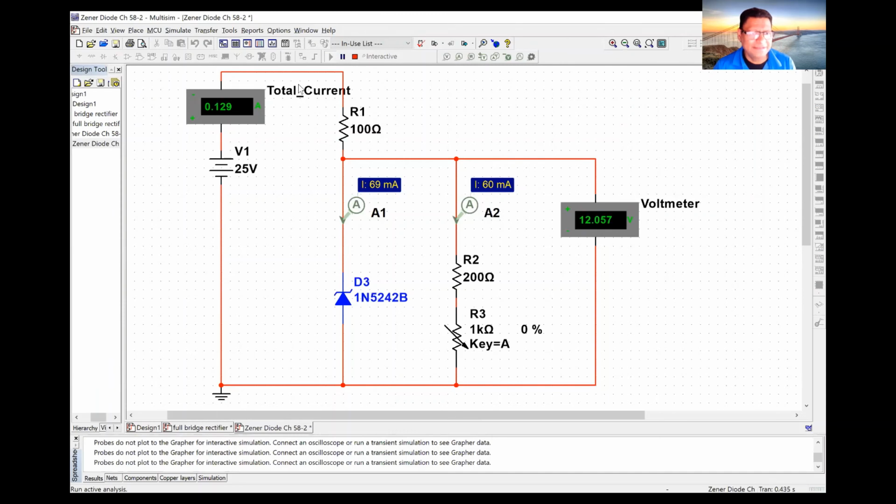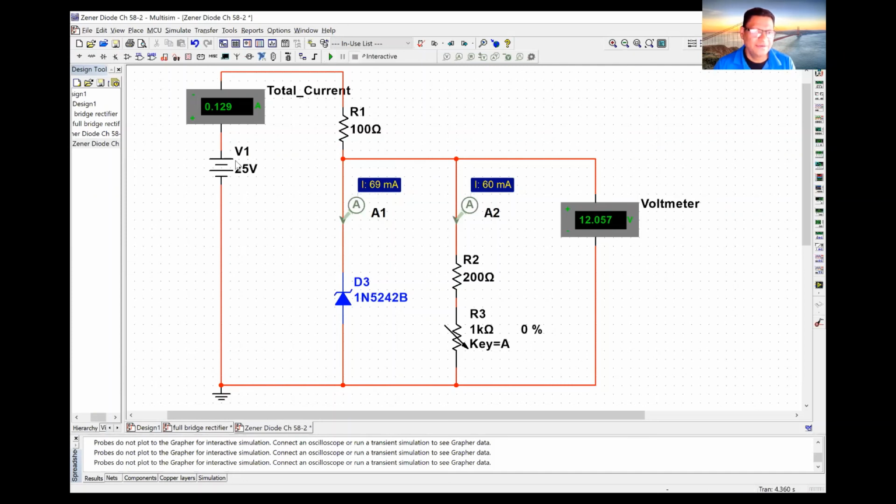So now we can see that yes, the current went up to 120 milliamps because voltage went up, but we continue to have our 12 volts right at the load. And that's what I want you to be able to see. It doesn't really matter if I change the current through my load, I will still continue to have my 12 volts through the load.